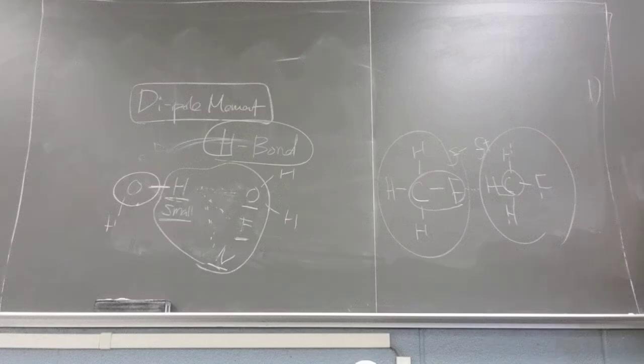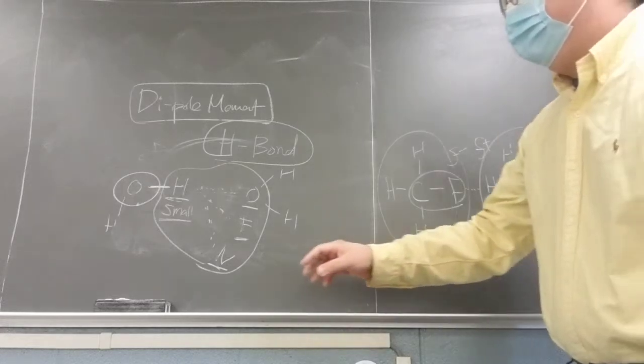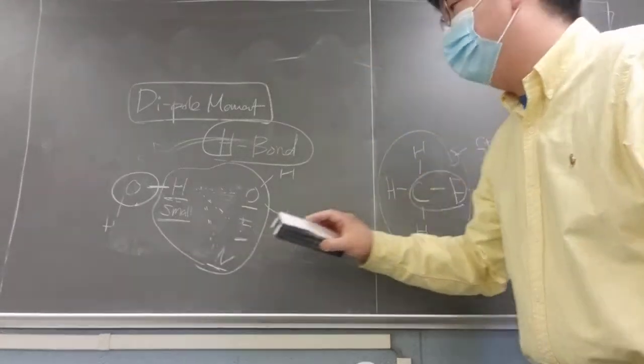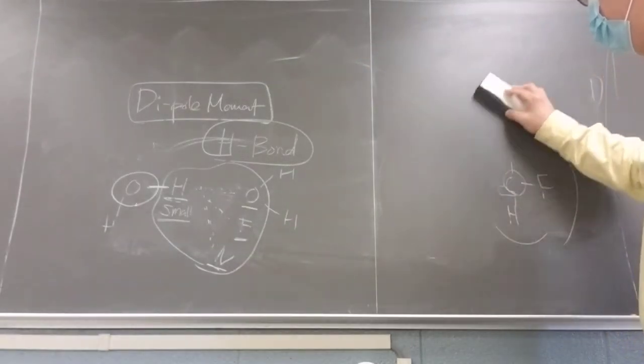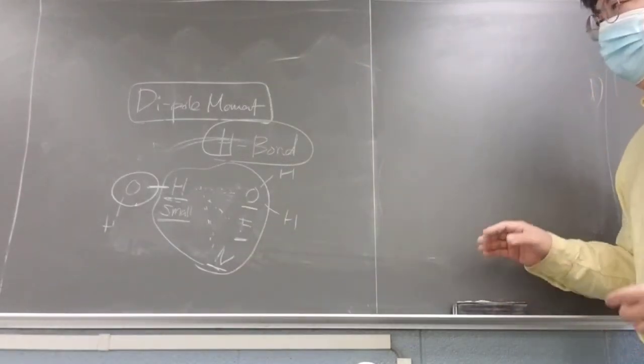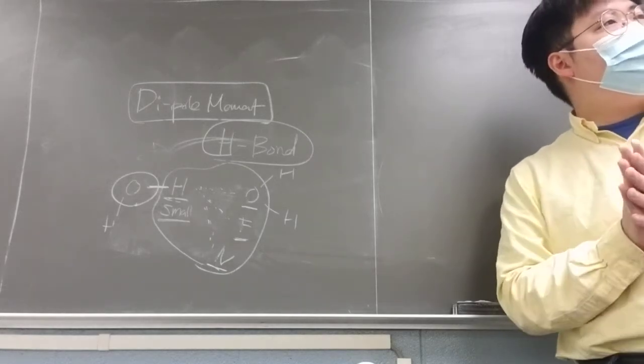So this is just one of the dipole-dipole interactions, but it's not a hydrogen bond. So that's a dipole interaction, but it's not an H bond? No H bond. Okay. Perfect. Very good. This is a bit tricky, but this is something that I want you to remember. Makes sense, right?